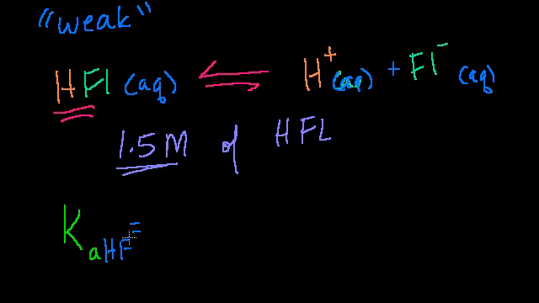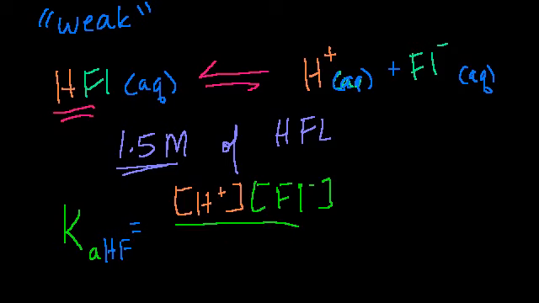K_a of hydrofluoric acid is equal to the products: the concentration of hydrogen ions times the concentration of fluoride ions, divided by the concentration of hydrogen fluoride, or hydrofluoric acid, HF.